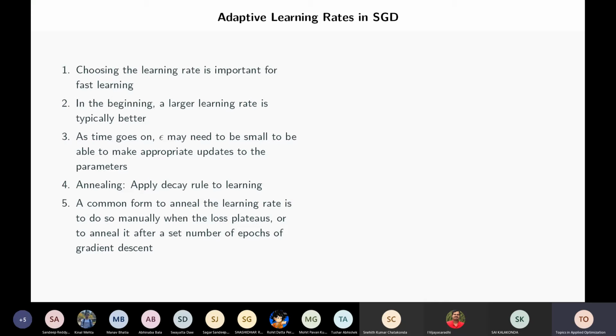One possibility is that, depending on the number of epochs, we keep decreasing it. For instance, the learning rate could be 1 over t, where t is the iteration number. So the first step it will be 1, the second step 0.5, then 0.2, and so on.